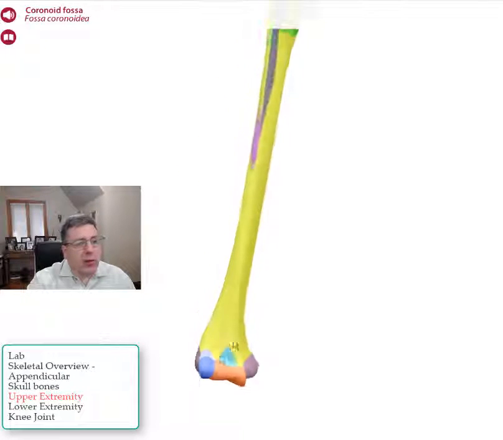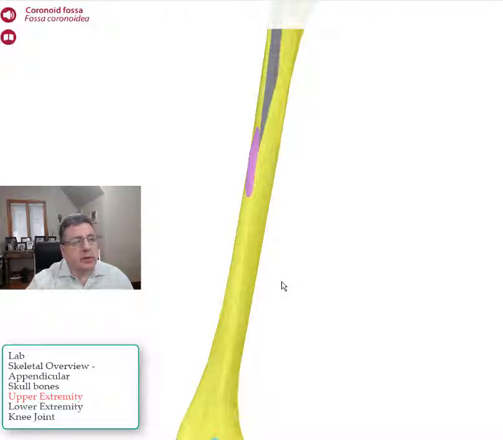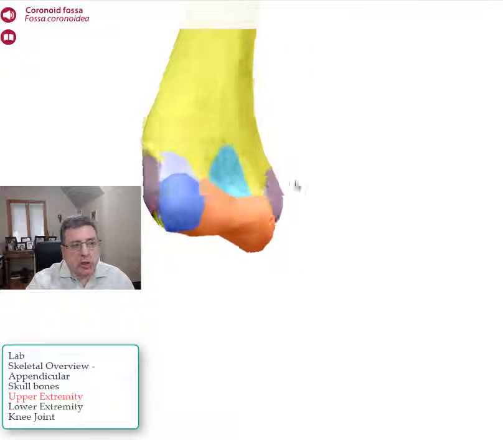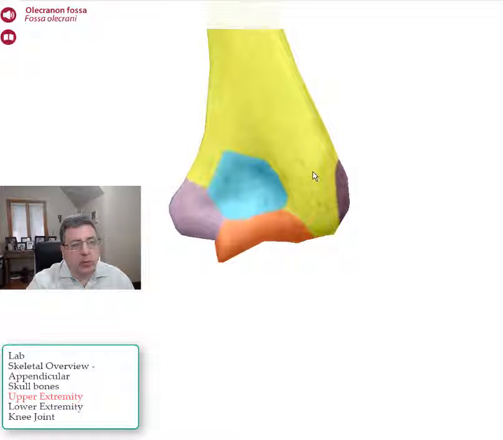The coronoid fossa, if you recall, one of the things I was talking about is the difference between an anterior and a posterior view. This depression is somewhat shallow when you compare it to this one.